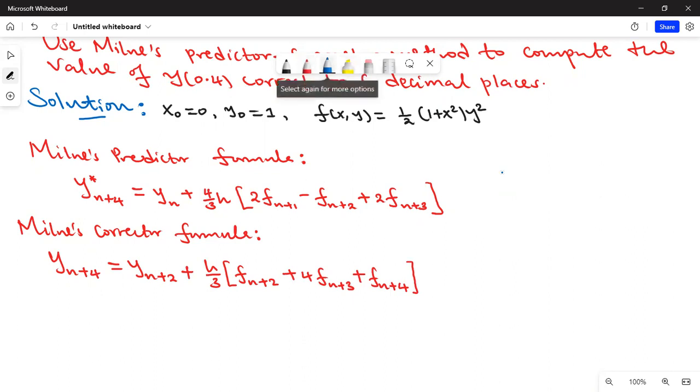Remember, we are iterating. We write for n equal to 0, 1, 2, 3, etc.